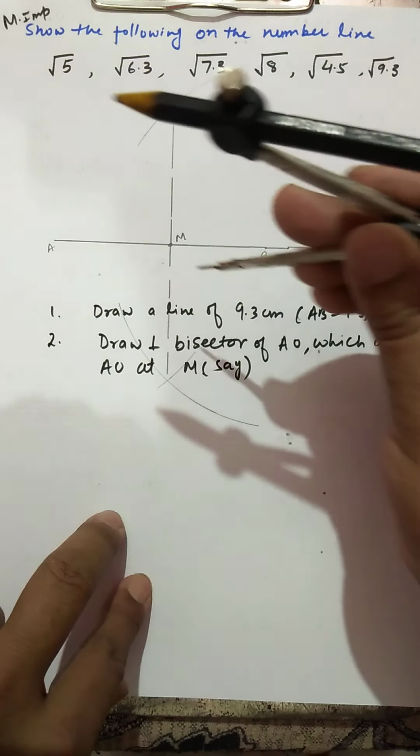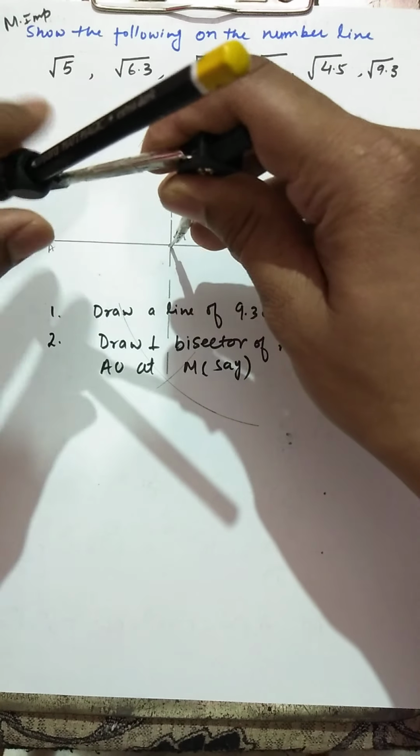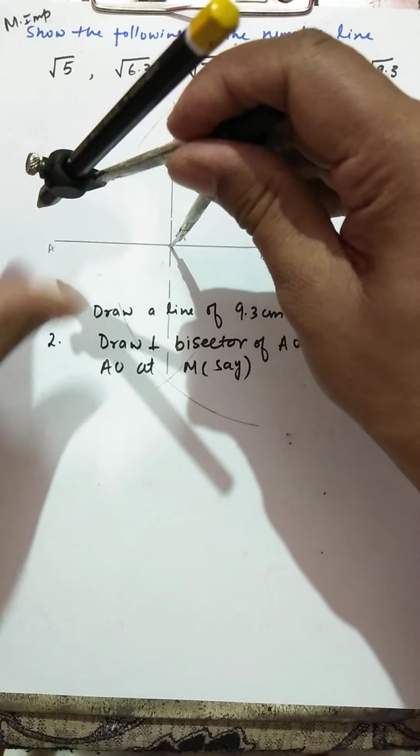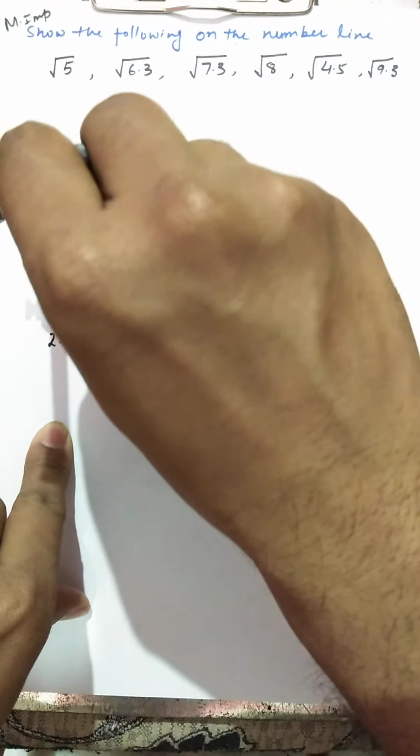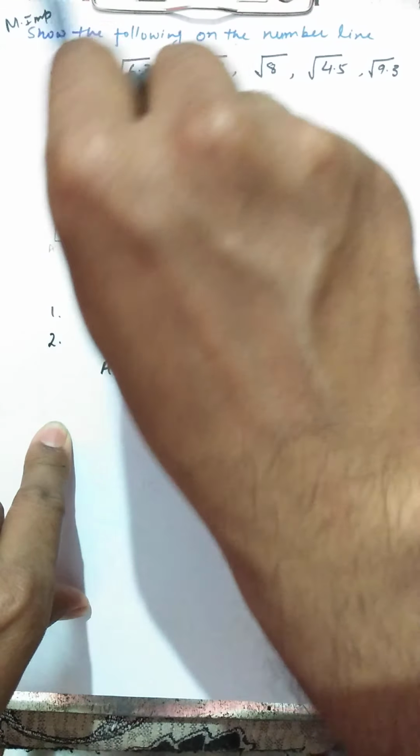And now you take M as the point of center and open it up to M, A. You can say up to A or O. And now you draw this semicircle.